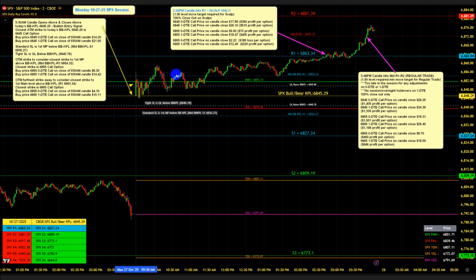Options in general, their time value is going to expire, and the shorter the expiration date of those options, and the closer they get to expiring, the amount of time value that is going to come out of them becomes greater and greater when there's no real movement.